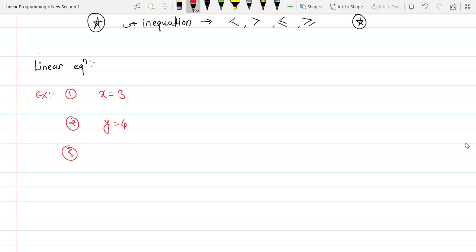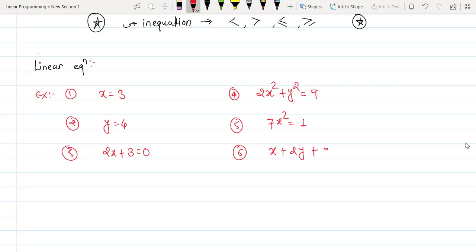Third equation, 2x plus 3 equals 0. Fourth equation, 2x square plus y square equals 9. Fifth equation, 7x square equals 1. And the sixth one is x plus 2y plus 3x plus 4y plus 3 equals 0.